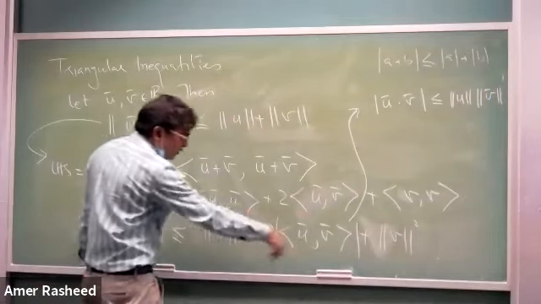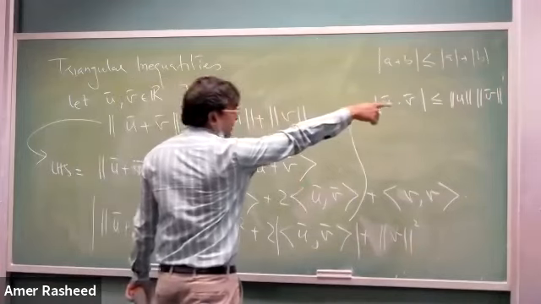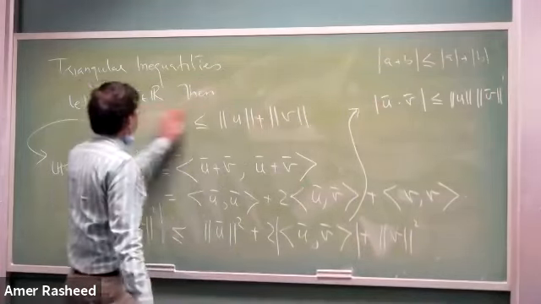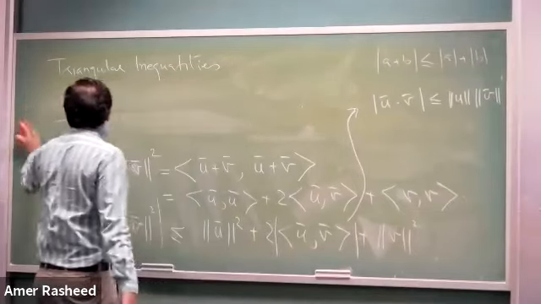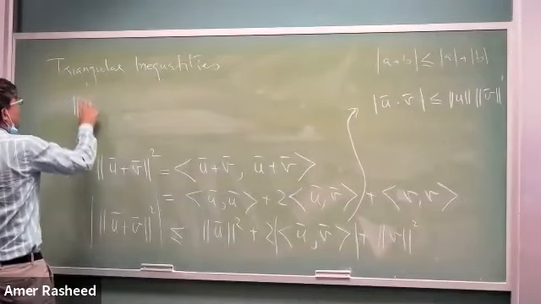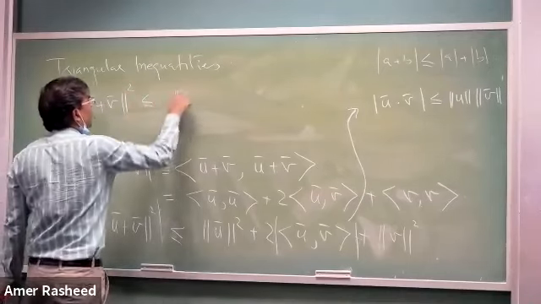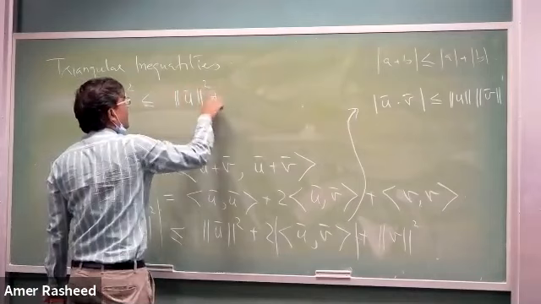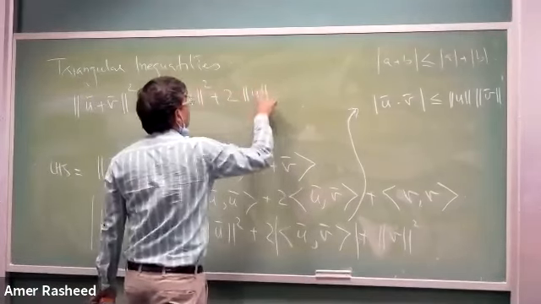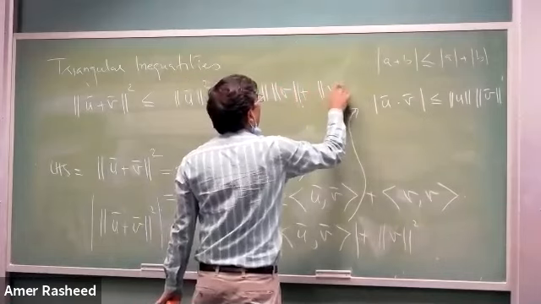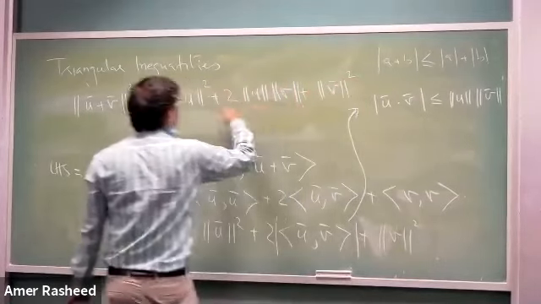Now this whole thing is further less than or equal to this. So we can write the norm of u plus v squared is less than or equal to the norm of u squared plus 2 times the norm of u times the norm of v plus the norm of v squared.